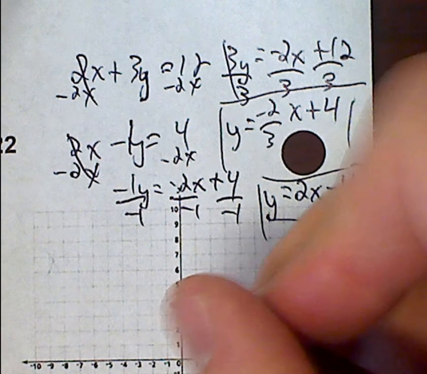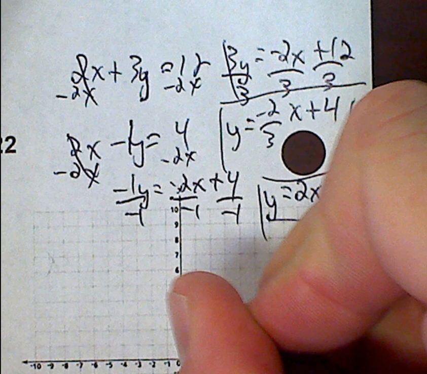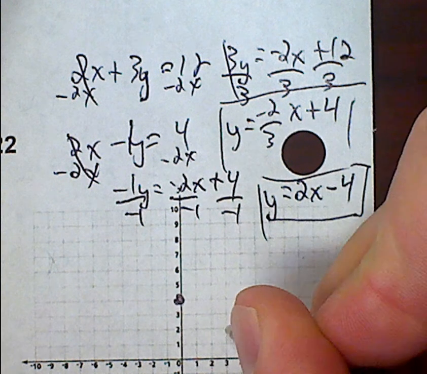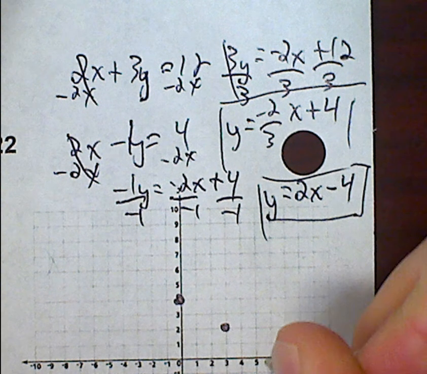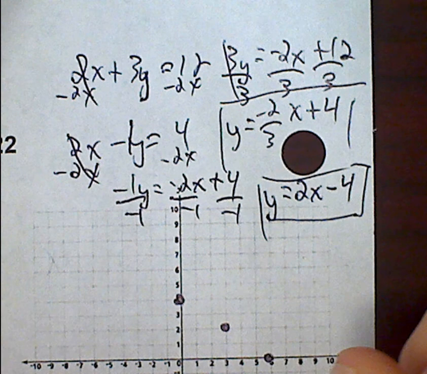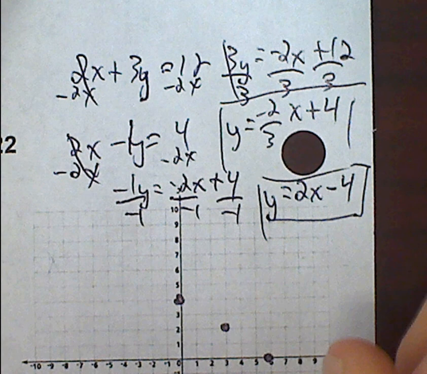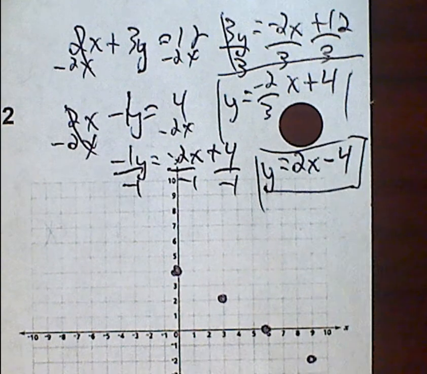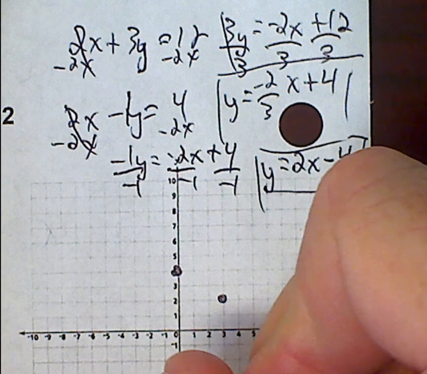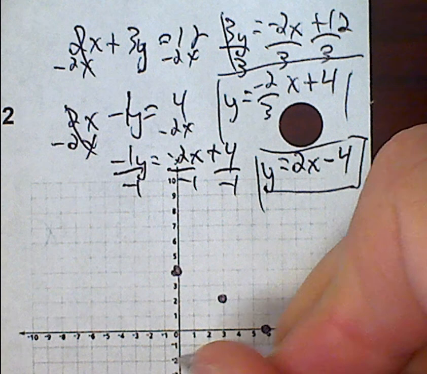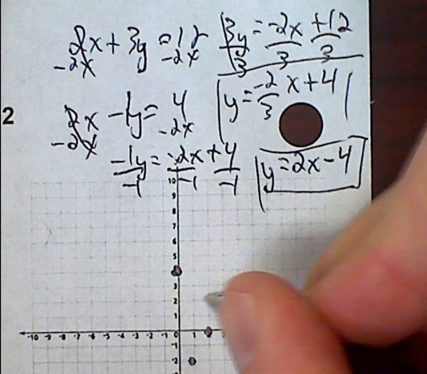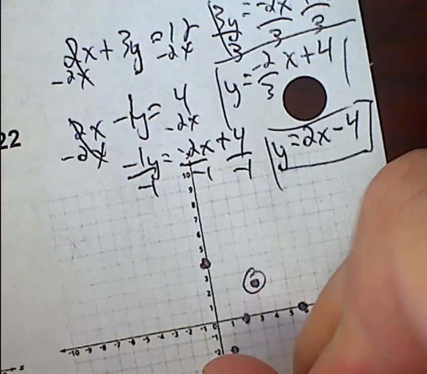So my first equation, I start at 4. I'm going to go down 2 over 3, down 2 over 3. My other equation, I'm going to start at -4, and I'm going to go up 2 over 1, up 2 over 1. And that is where they intersect.